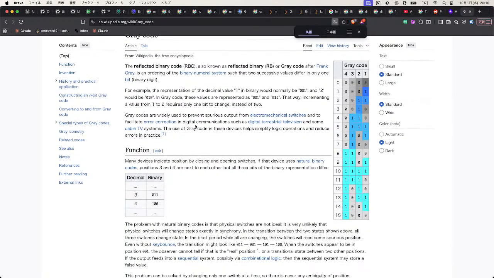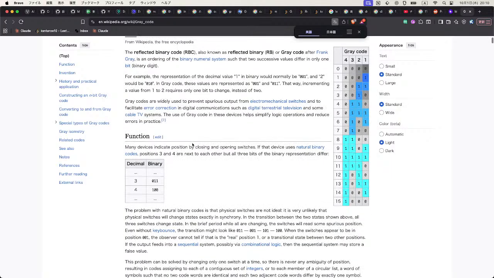Gray codes are widely used to prevent spurious output from electromechanical switches and facilitate error correction in digital communications such as digital terrestrial television and some cable TV systems. The use of gray code in these devices helps simplify logic operations and reduce error in practice.